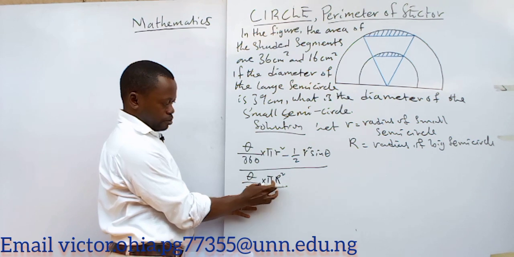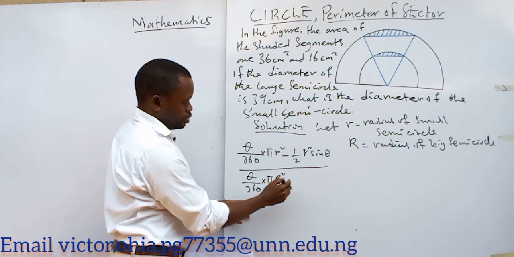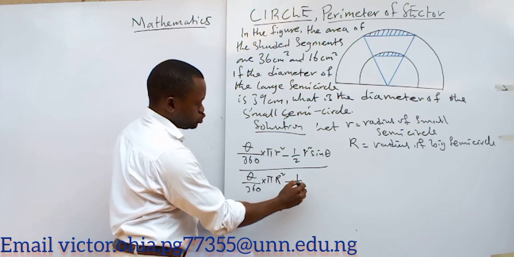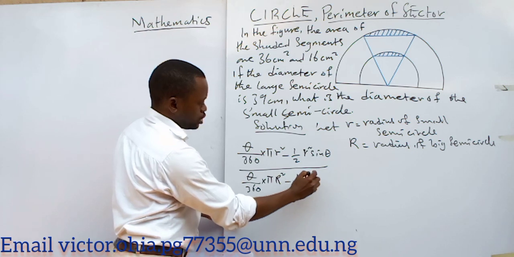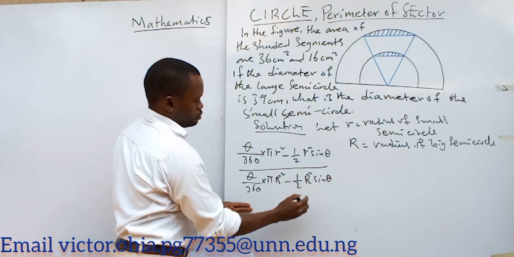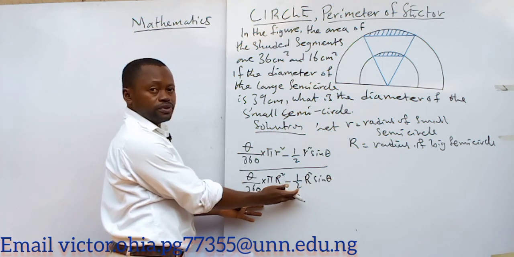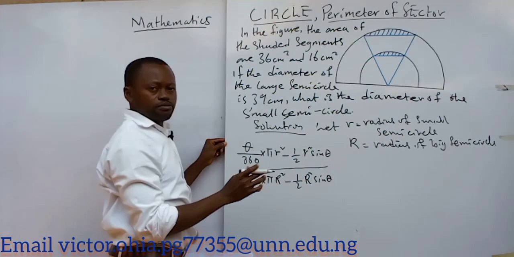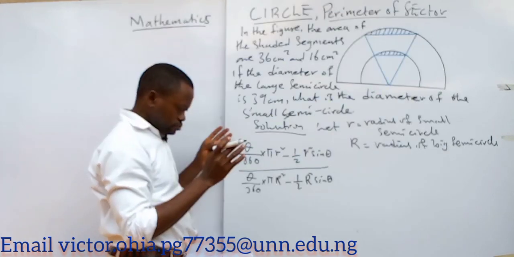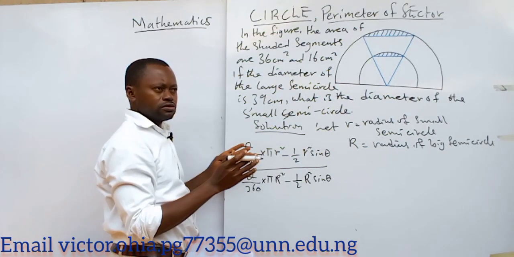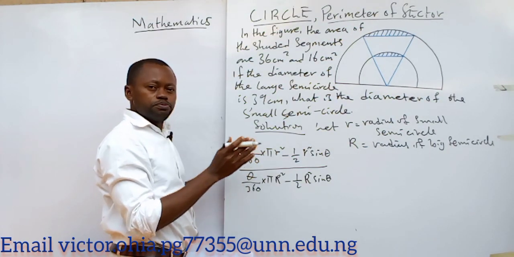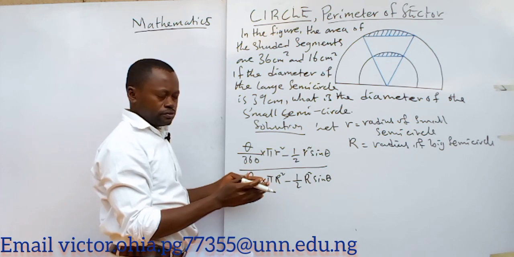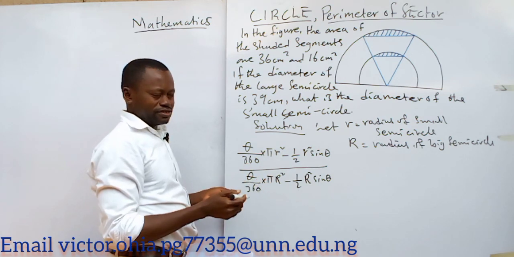I'm using capital R now. If I remove 1 over 2 capital R squared sine theta, I have obviously obtained the value for the minor segment of the big semicircle. I trust God you get it.